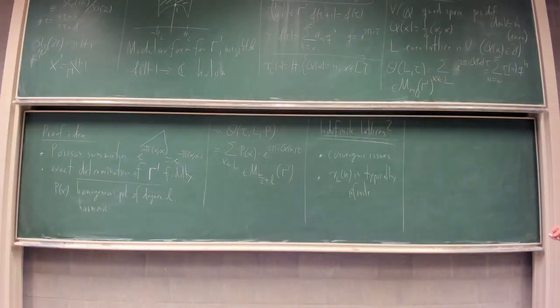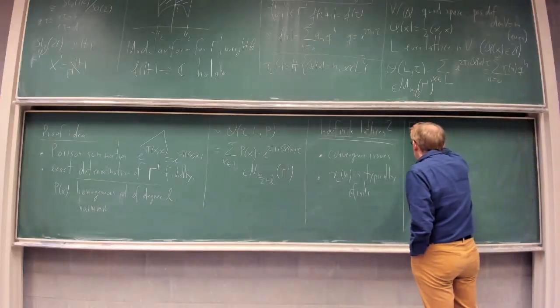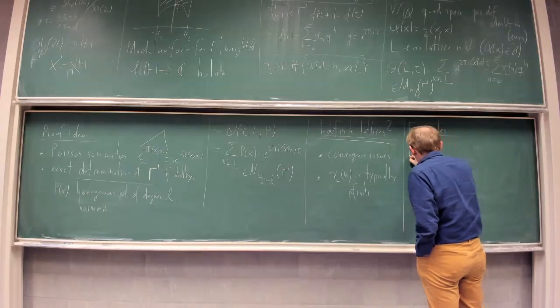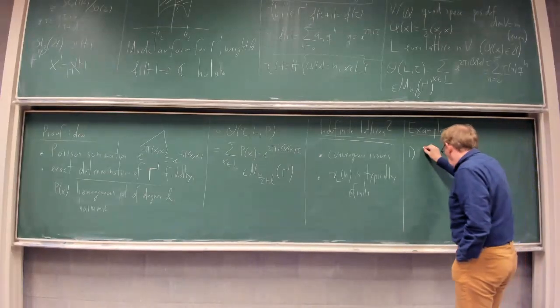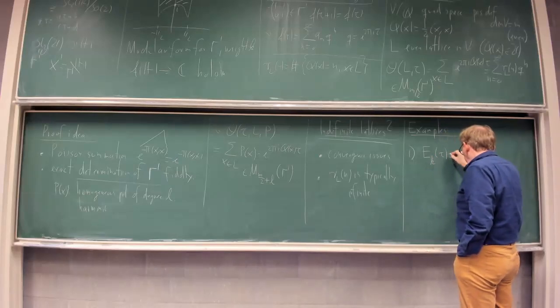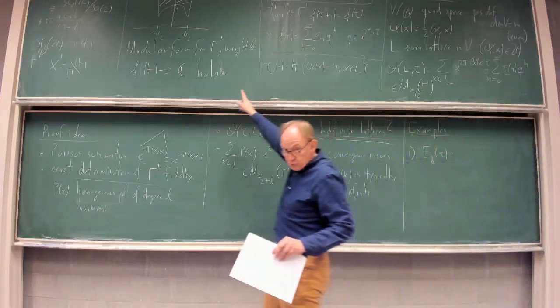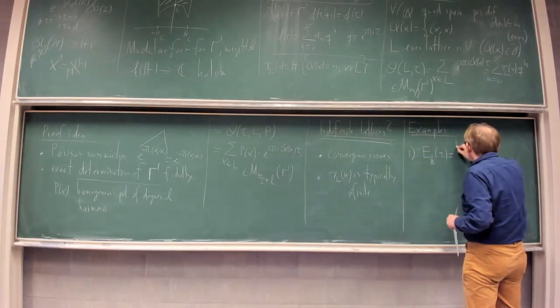But there are examples where this works for indefinite spaces, and let me give you three examples thereof. The first one is the so-called Eisenstein series. That maybe should have been the example I gave right after the definition of modular forms.